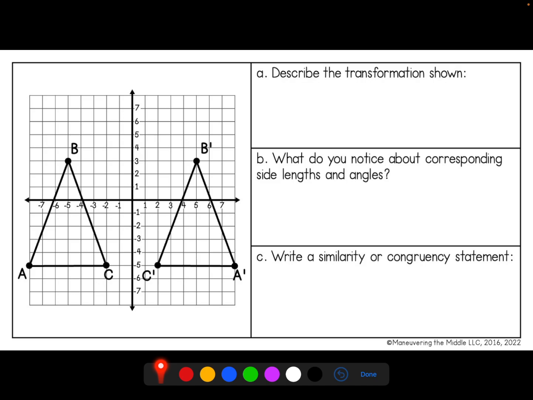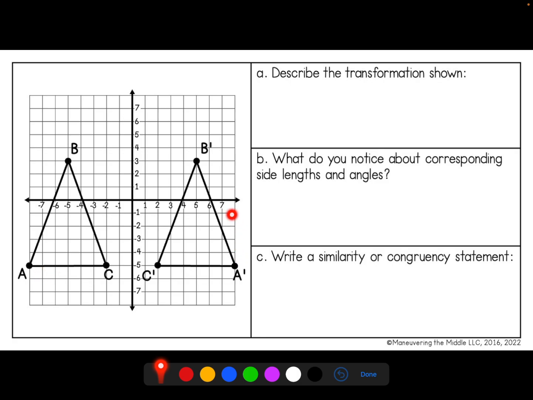So let's take a look at applying what we know. In this figure, we have triangle ABC and triangle A prime, B prime, C prime. Now, the first thing I noticed as I was tracing that is that with the pre-image, I was going around clockwise.